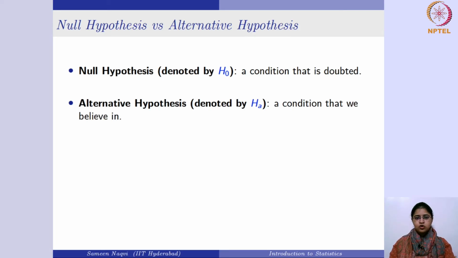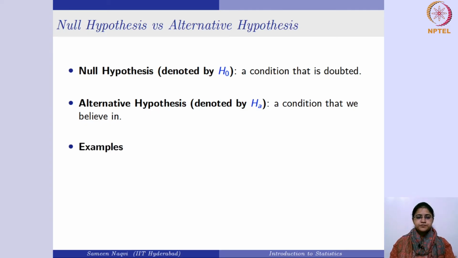On the other hand, the alternative hypothesis is a condition that you believe in. Given any setup, you might believe in a certain condition or you might not, right? So the one in which you have doubt, you write as the null hypothesis, and the one in which you believe, you write as the alternative hypothesis.